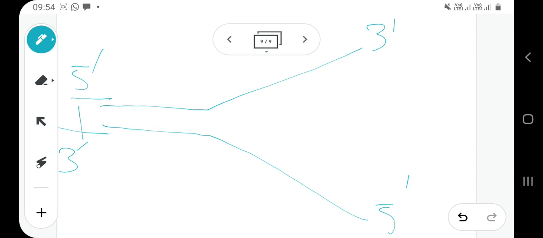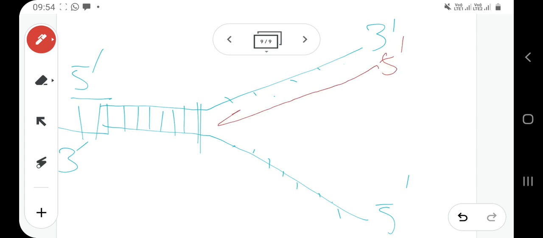Now this end is joined together with hydrogen bonds, and this has been unwound for the replication of DNA. Now new DNA forms from 5' direction to 3' direction here, and 5' to 3' direction here, because we know that DNA replication always goes from 5' to 3' direction.